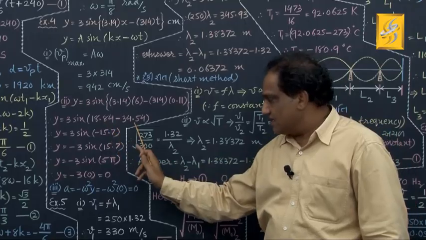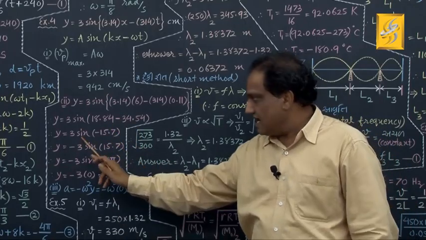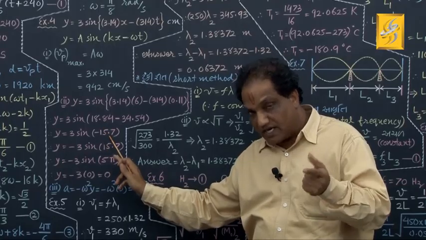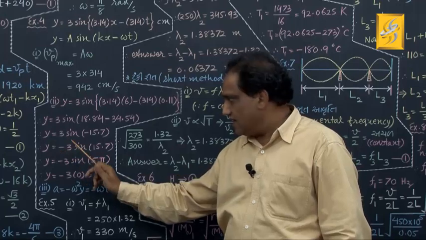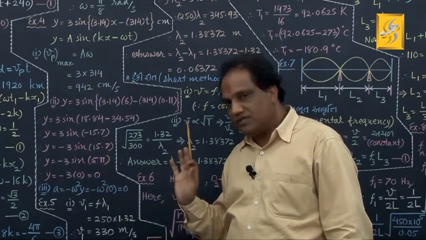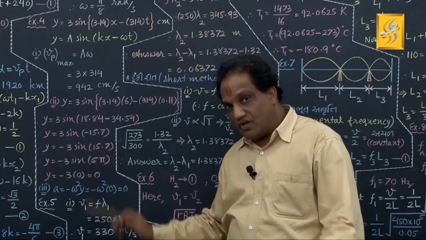Now this minus this is minus 15.7, and sine of minus theta is nothing but minus sine theta, so I can take the minus sine out. 3 as it is, sine 15.7, so minus 3 sine of 15.7.